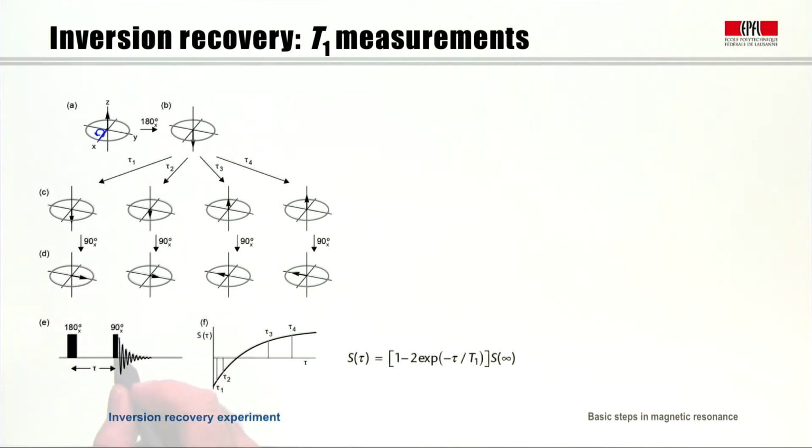Whatever the case may be, the subsequent 90-degree pulse will rotate this magnetization from its position towards the minus z-axis into the plus y-axis, or if it has already recovered, from the positive z-axis to the minus y-axis. And consequently, the signals will be negative up to the 0-point crossing and then become positive.